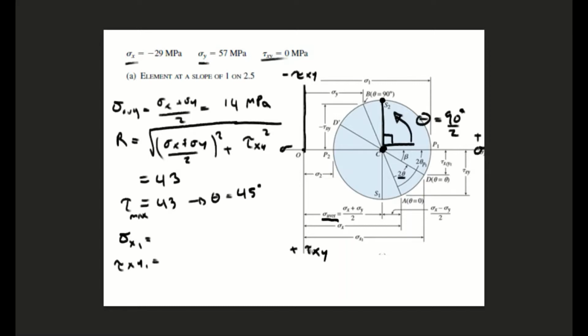Sigma x would just be if there was no slope, but we're looking at it with a slope on there.